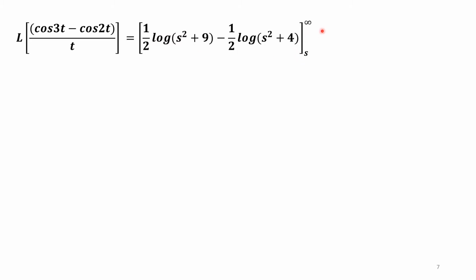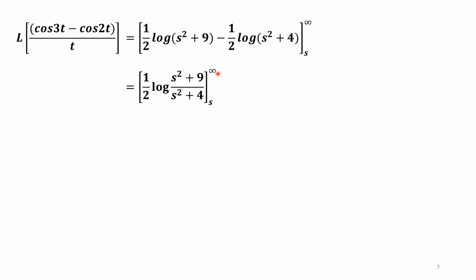Now we have to apply the limit, upper limit as infinity and lower limit as s. Now when we apply the upper limit as infinity, we will get infinity minus infinity, which is not defined. So we have to combine now the log functions. So it is of the form log a minus log b after taking half common. So log a minus log b is log a by b between the limits s and infinity.